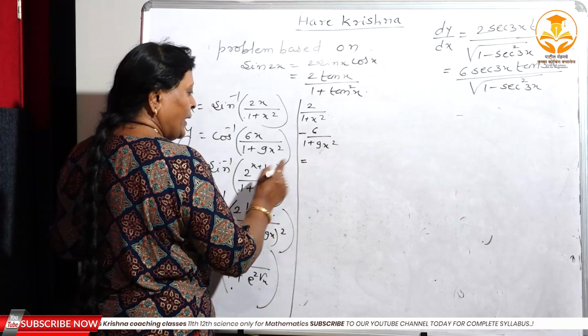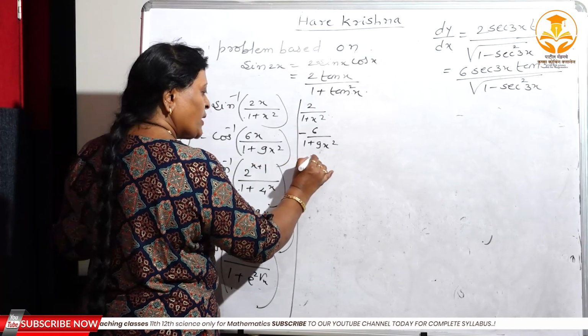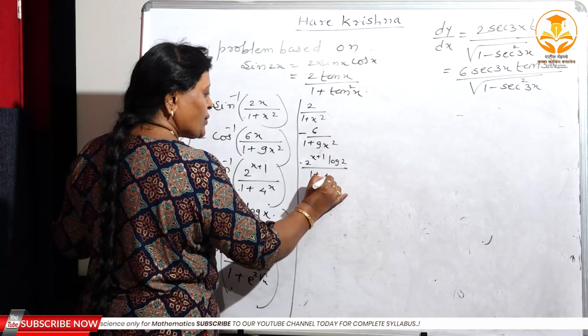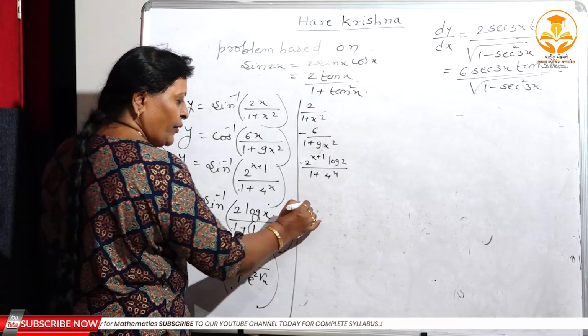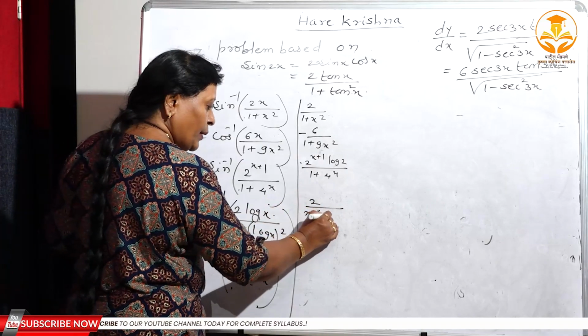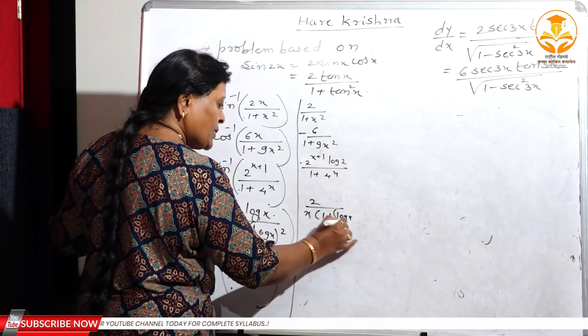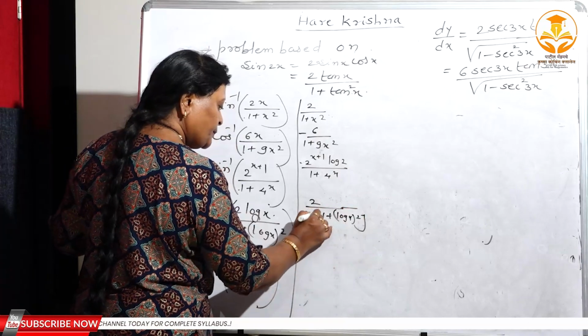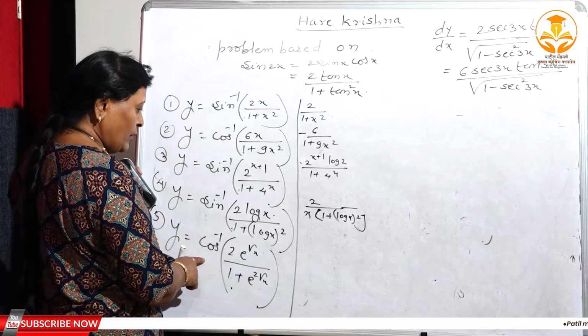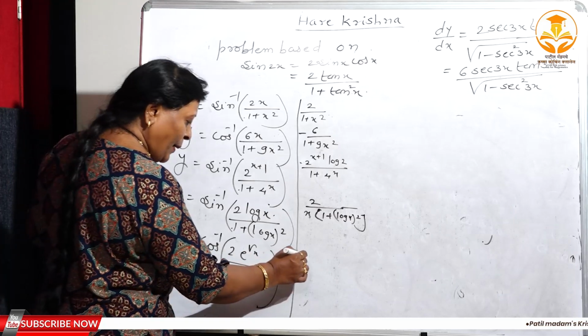Again, the derivative of this is 2 raised to x plus 1 log 2, and here again 1 plus 4 raised to x remains as it is. Here, what is the derivative of log x? 1 by x, and here 1 plus log x, the denominator remains as it is. Whenever there is a cos function, you have to write the minus sign.